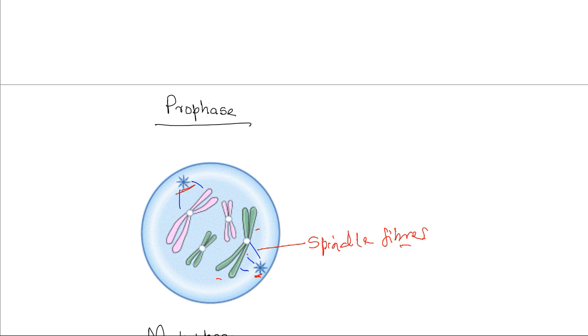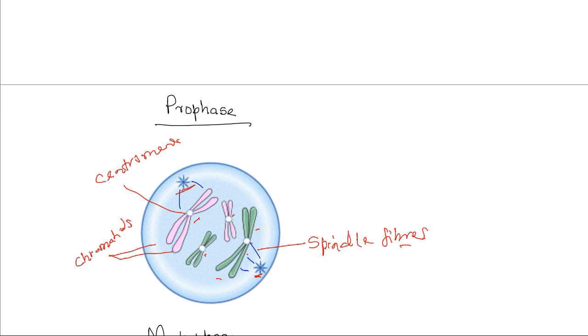So this chromosome, for example, is made up of 2 sister chromatids that are joined together at the centromere. So this is one chromosome, there's another chromosome here, another chromosome, and a fourth one.